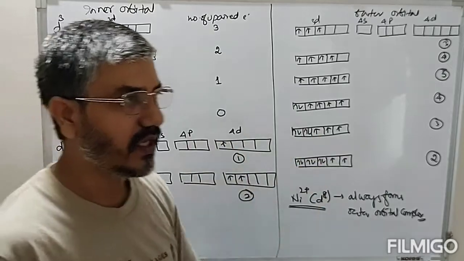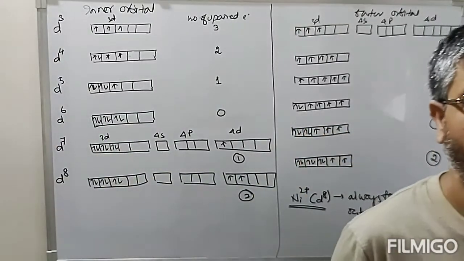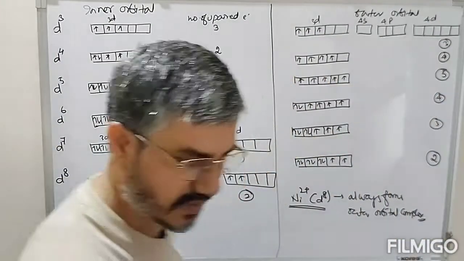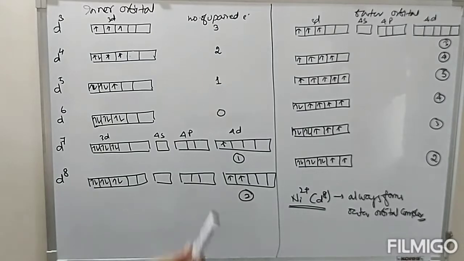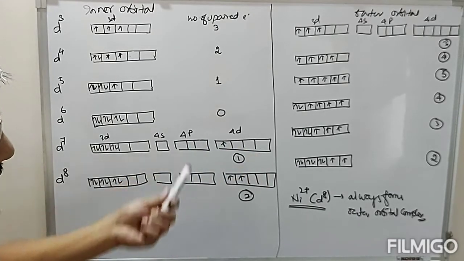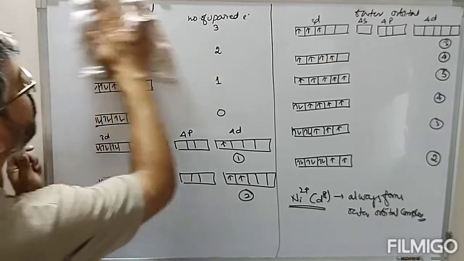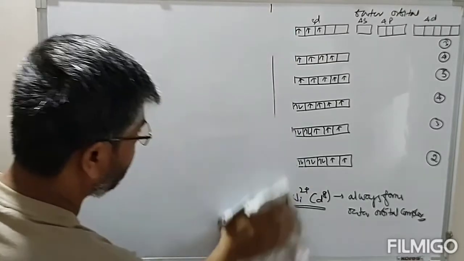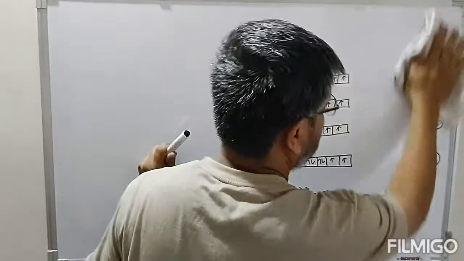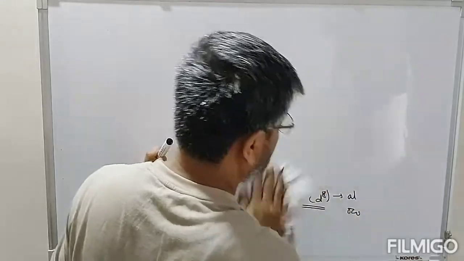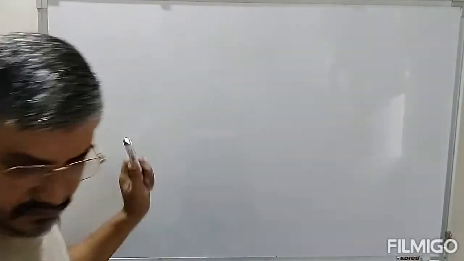So this is how inner orbital and outer orbital complexes are formed in octahedral complexes, depending on the nature of the ligand. Now coming to tetrahedral and square planar complexes.